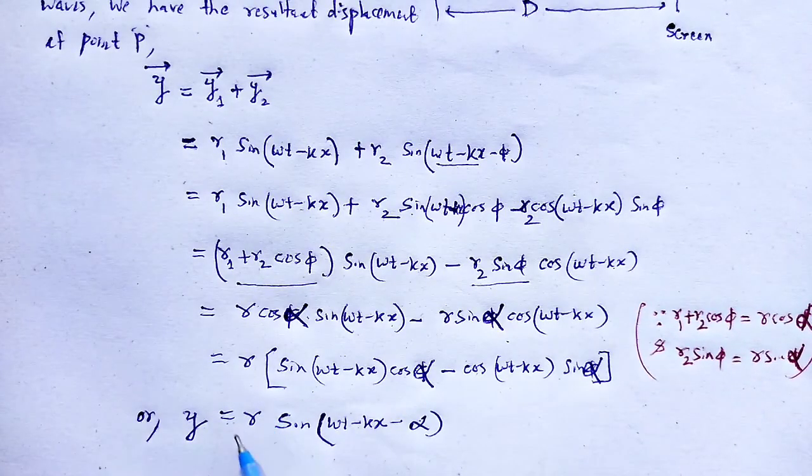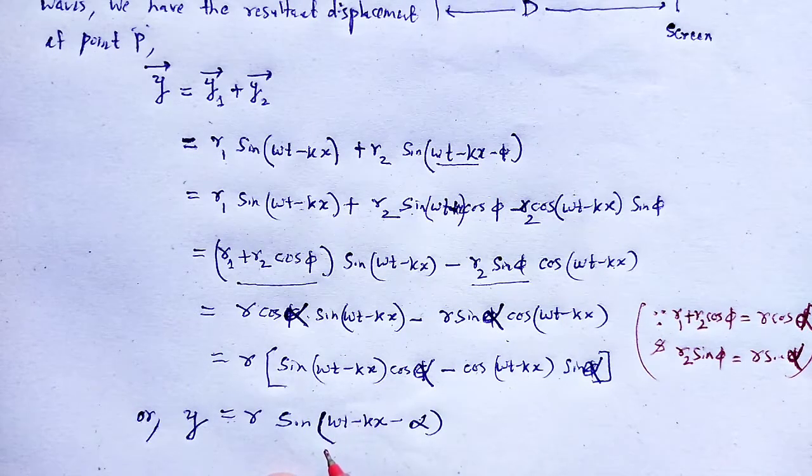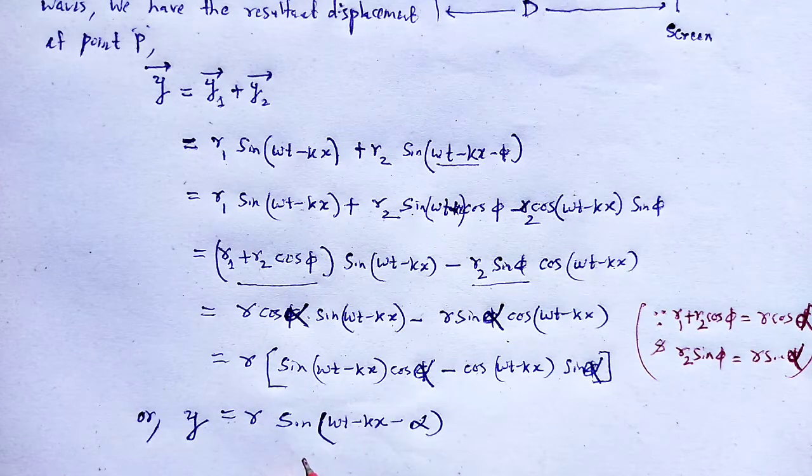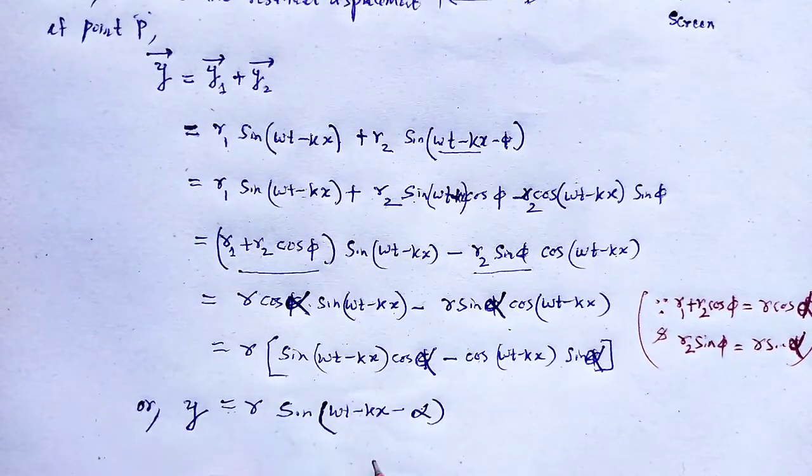Here r is the resultant amplitude. Thus the resultant wave is a harmonic wave having frequency omega and the same wavelength, but with a different amplitude, r.